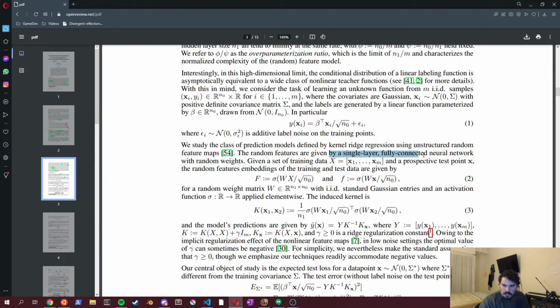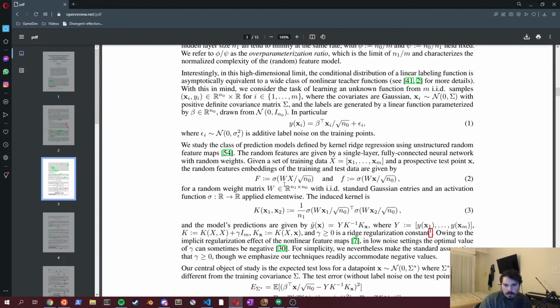They say single layer fully connected neural net. So that's basically a bunch of logistic regressions. So they define big F as the outputs of those networks for the test data and the training data, and little f as the output for that test point.